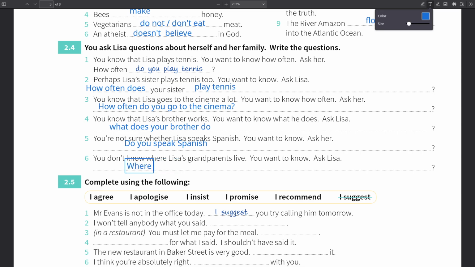No, sorry, where, because we're interested to know a place. Where do, we're going to use do because we're talking about plural, in this case, Lisa's grandparents. Where do Lisa's grandparents live? Yep, that's it.